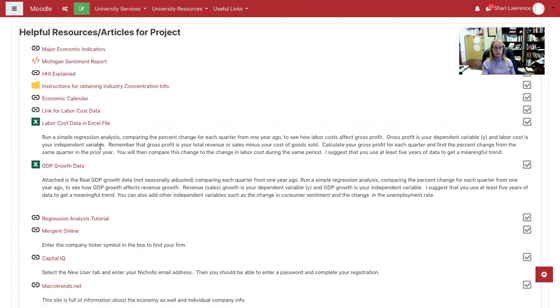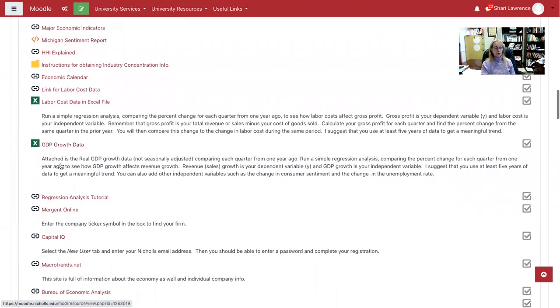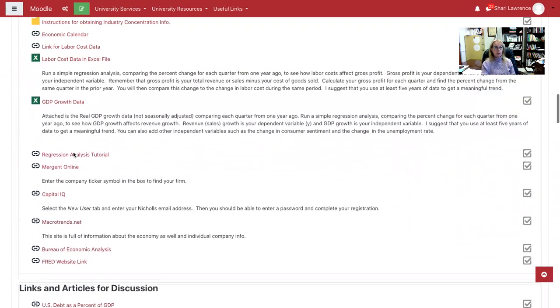And then these are the instructions again to run the regression analysis. Here's the tutorial for the regression analysis. This labor cost data, I still need to update, and I'll do that over the break. I have to upload the most recent files with the most recent data. I get that off of the FRED website.